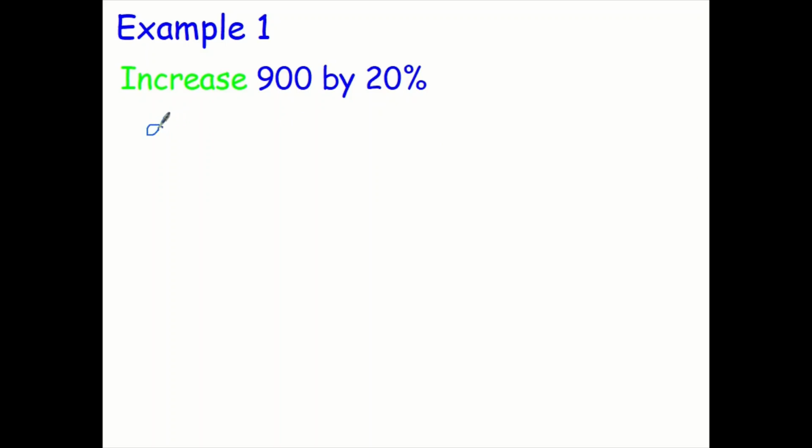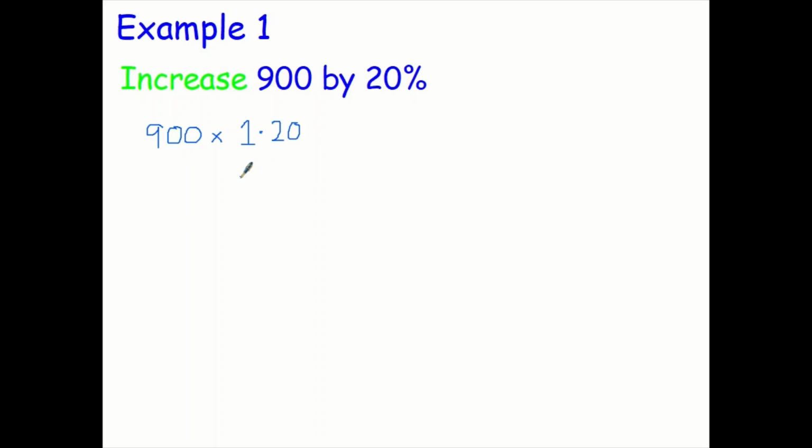So you can do 900, that's the original amount, and I'm increasing it by 20%, so I want to multiply by 1.20 because I want that 900 and I want 20% more. So I can do 900 multiplied by 1.20.